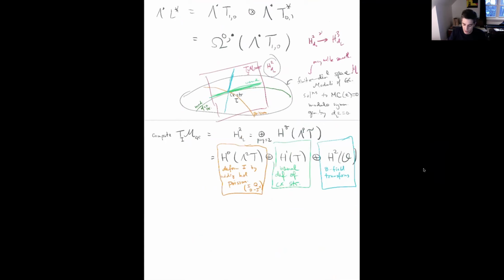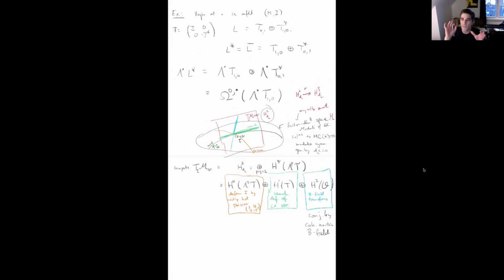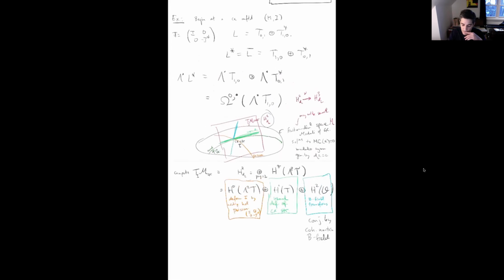Roughly speaking, this is conjugation by a cohomologically non-trivial B-field. Okay, and so all of these are unified in the deformation space for the GC structures.